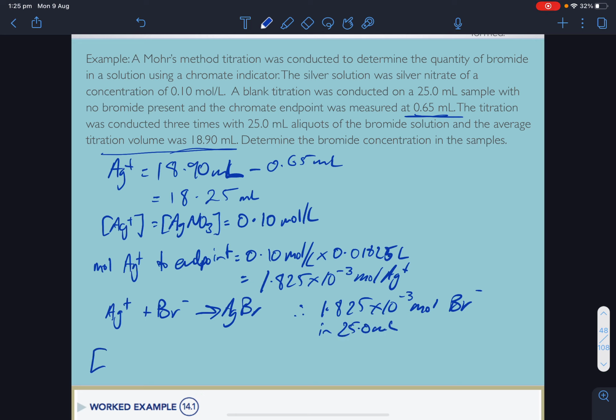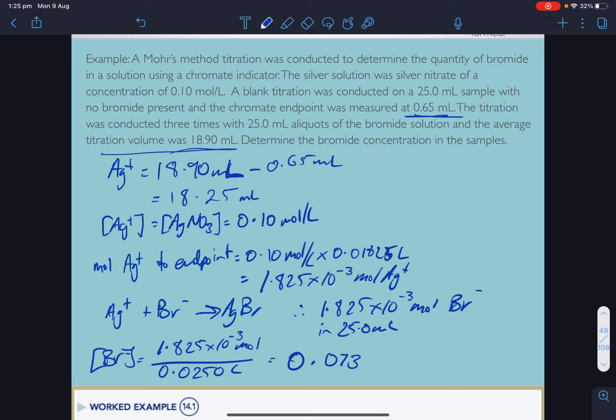So the concentration of bromide equals the number of moles divided by the litres, 0.0250 litres. And I get 0.073 moles per litre for my bromide concentration.